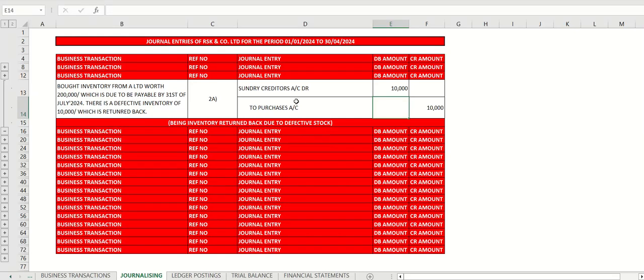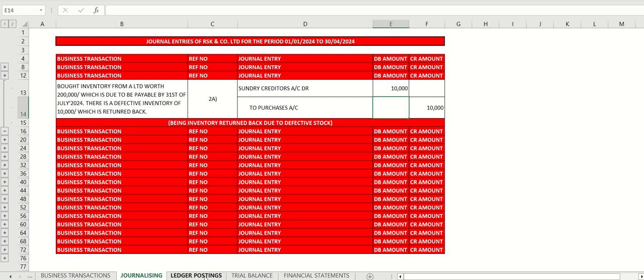Now we'll see what ledger accounts are supposed to be created, and how these entries are supposed to be posted in the respective ledger accounts, as part of the third phase of an accounting cycle. Now let's go to the ledger postings phase. What ledger accounts are supposed to be created? One is sundry creditors and the other one is the purchase account.